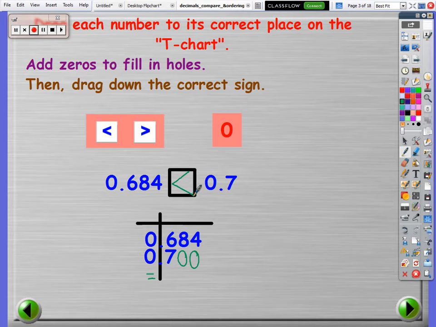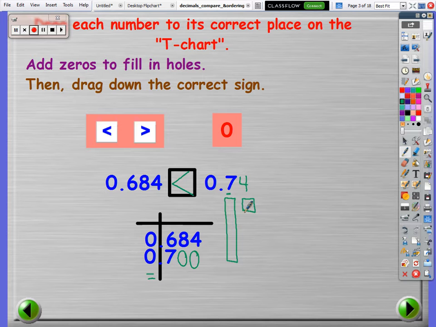Remember when we had our tenths place, and our tenths looked like that? But then when we had the hundredths place, the hundredths were the little squares. So you can see my tenths are bigger than my hundredths. And that's going to keep going with the thousandths and so on and so forth. So that's why we add our zeros.